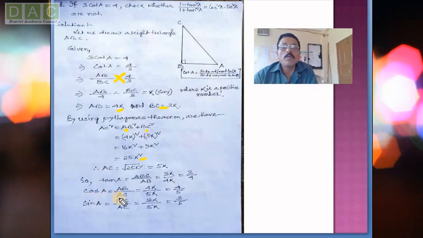Then cos A will be the same, AB by AC, 4K by 5K. K and K cancel, it is 4 by 5. And sin A is also the same, BC by AC, angle A's opposite side by hypotenuse. Put the value, you will get 3 by 5. Now this is complete.